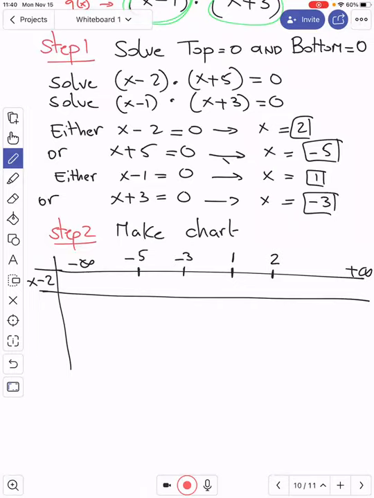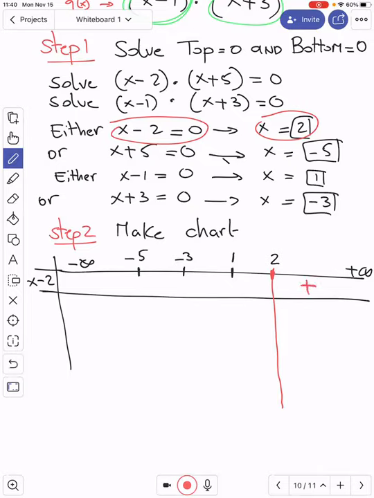Okay, so when is x minus 2 zero? Well, x minus 2 is 0 if x, of course, is positive 2, right? So here's my x equal to 2, and let's say this line here represents my x equal to 2. On the right side of this line, x minus 2 is going to be positive.